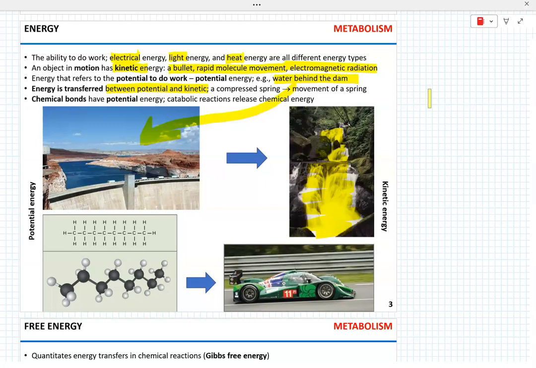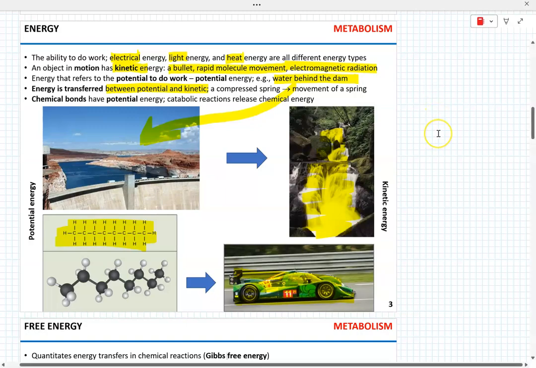Another example of the conversion of potential energy into kinetic is the potential energy of chemical bonds. It can be converted into a kinetic energy of a moving vehicle when these chemical bonds are broken down during the chemical reactions in the engine of this vehicle.